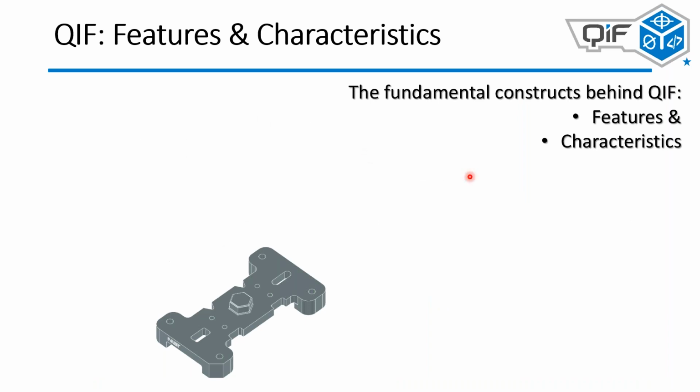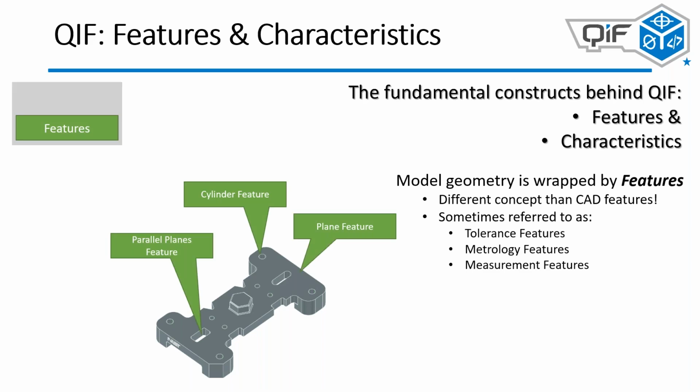So a couple other things that we want to talk about for the QIF. Fundamentally, there are key constructs that the QIF supports, and those are in the area of features and characteristics. We know that with model geometry, we can group geometry together and give it a more general name, or a feature.